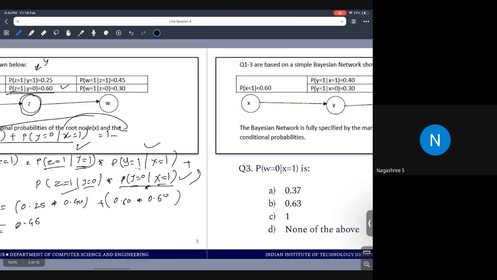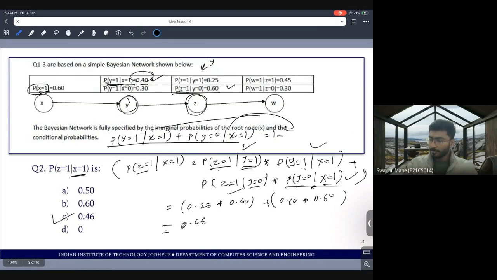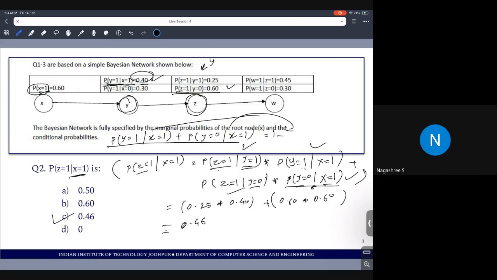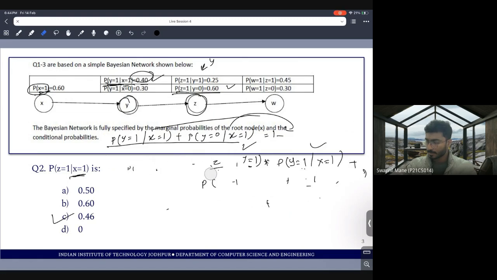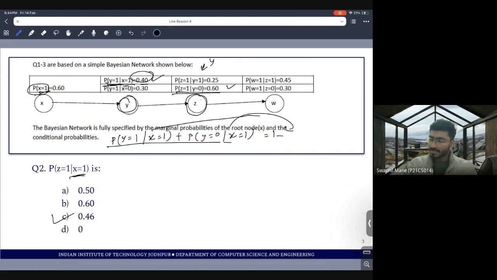Okay. Yeah, let me explain it again, so that maybe you will understand. Here you can see the probability is asked about z given that x is equal to 1. But sir, x is propagating from the y.